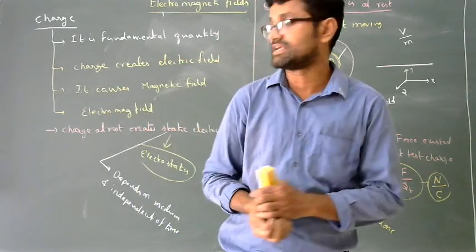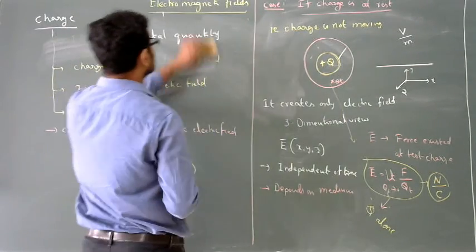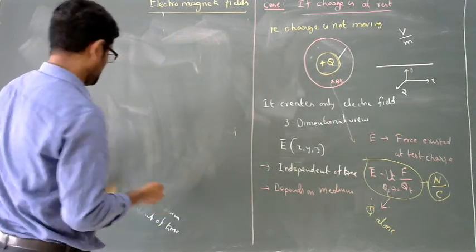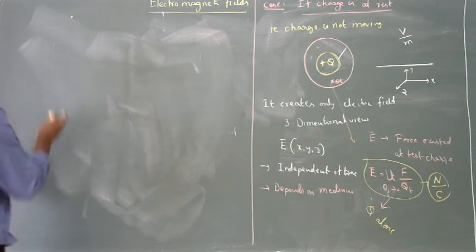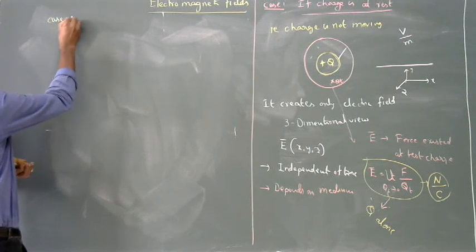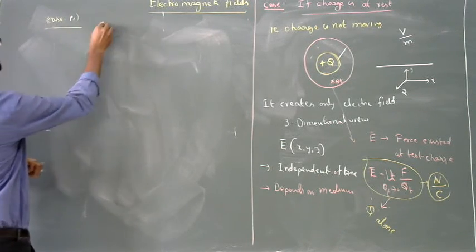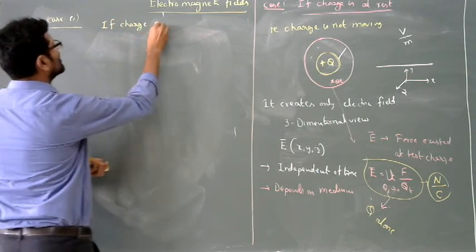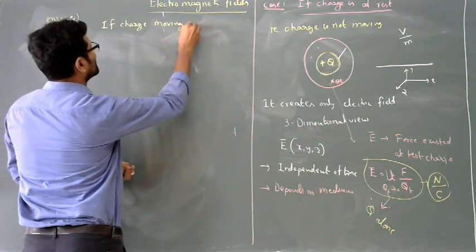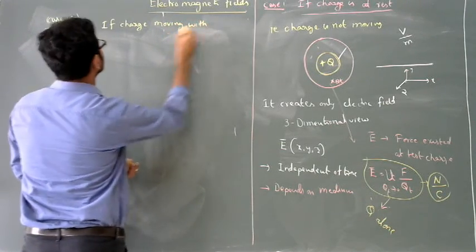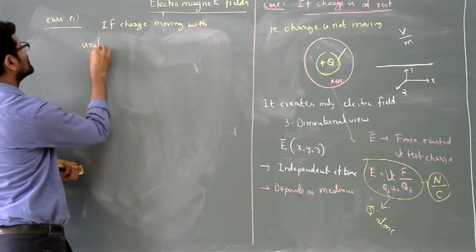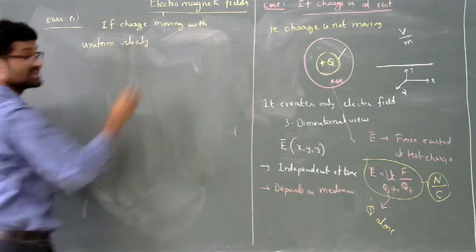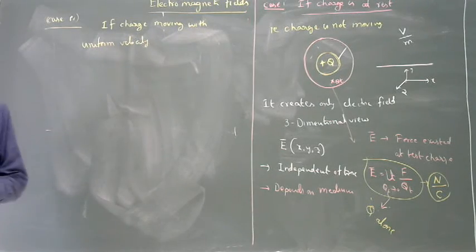This is about the static electric field, with charges at rest. Next, in case 2, if a charge is moving with uniform velocity, that is, with constant speed.